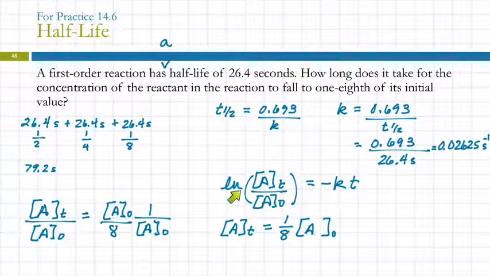This is a form of the integrated rate law. A_t is A0 over 8, and then I'm dividing by A0. And so when I combine this, the A0s cancel out, and this is equal to 1/8.